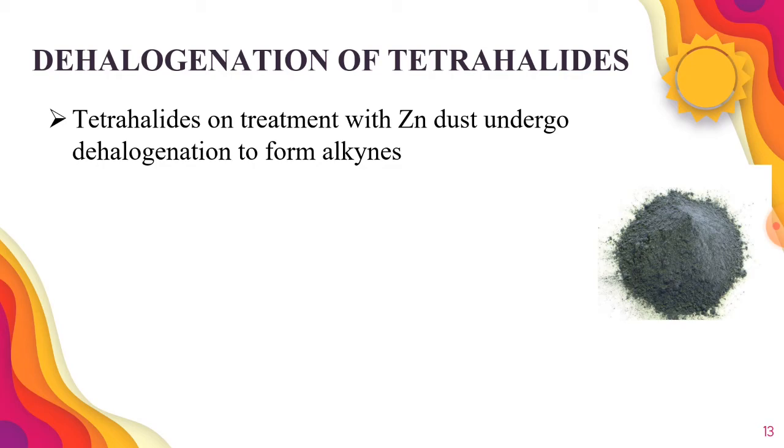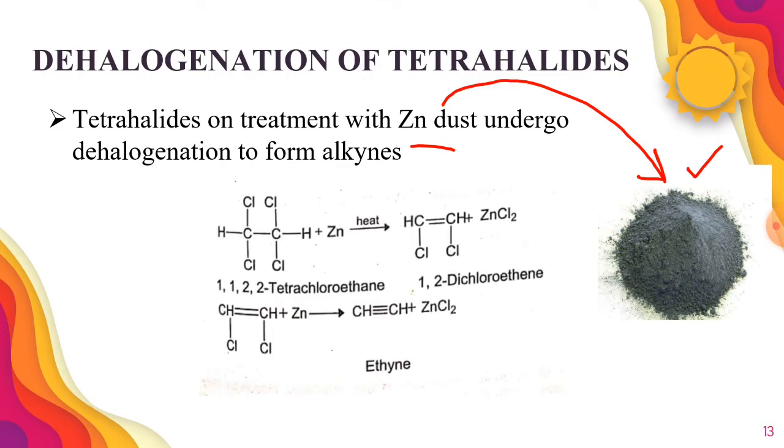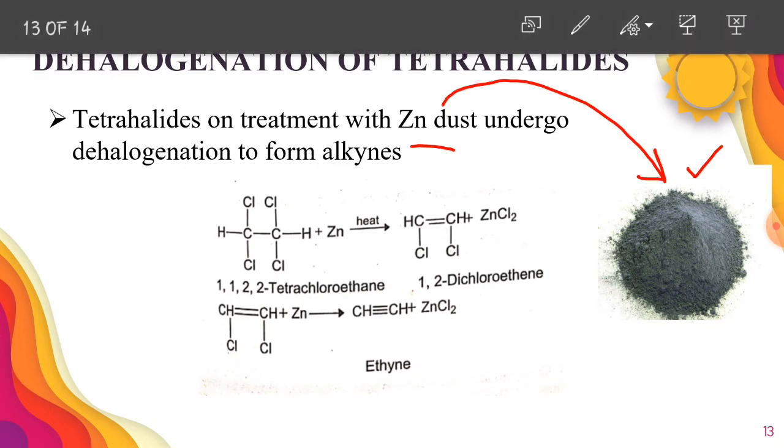Tetrahalides on treatment with zinc dust undergo dehalogenation to form alkynes. This zinc dust is the finely divided particles of the zinc and it is present in this form. This is the chemical reaction for the formation of alkynes from tetrahalides.